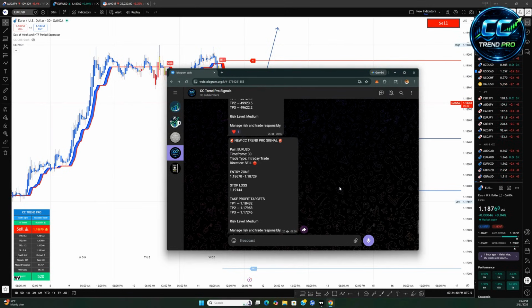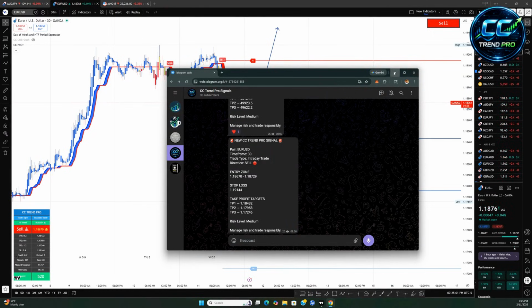This is going to help you decide whether you stay in the trade for a short period of time or for a longer period of time, or even if you take the trade. Okay, sometimes you may want to wait for the next signal. All these signals are not going to be perfect. You gotta understand that. This is not a 100% win rate. You will lose. Okay, this is why it's important to do your due diligence.